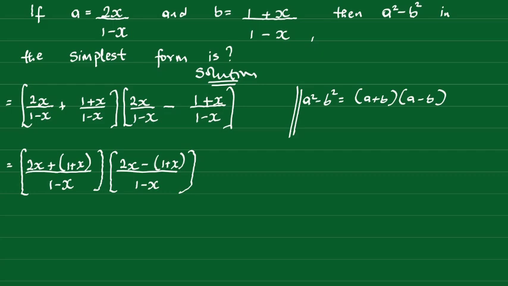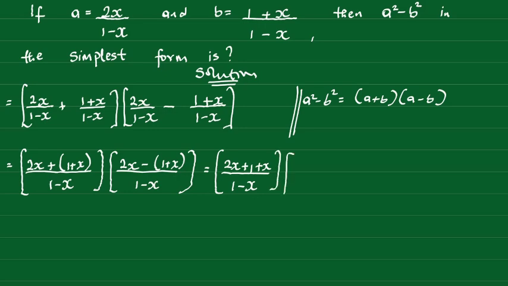Next, we proceed to opening our internal brackets. So I have bracket open, write down LCM 1 minus x, we have 2x. Now plus times 1, we have plus 1, plus times plus x, we have plus x, bracket close.